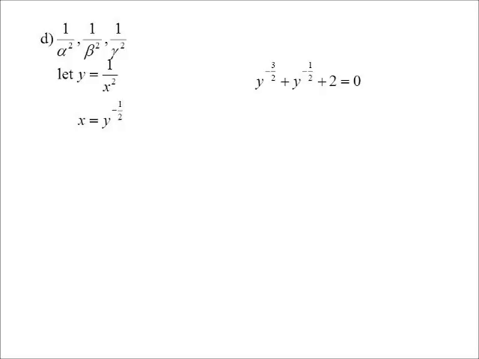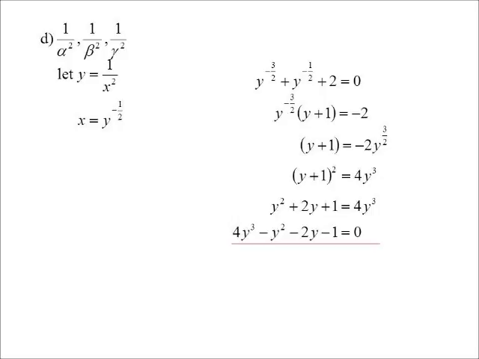I'm still going to use the same idea. Let's isolate the fractional powers and move everything else to the other side. Before I square both sides, I factorised out the fractional power as negative 3 on 2, so I multiply both sides by the reciprocal. Square both sides, expand, bring it all together.